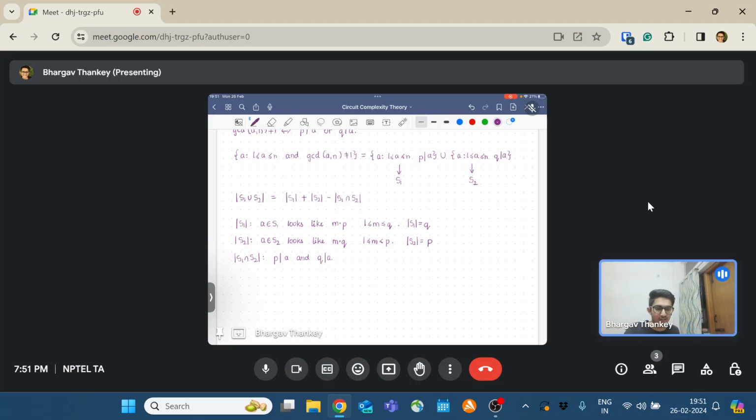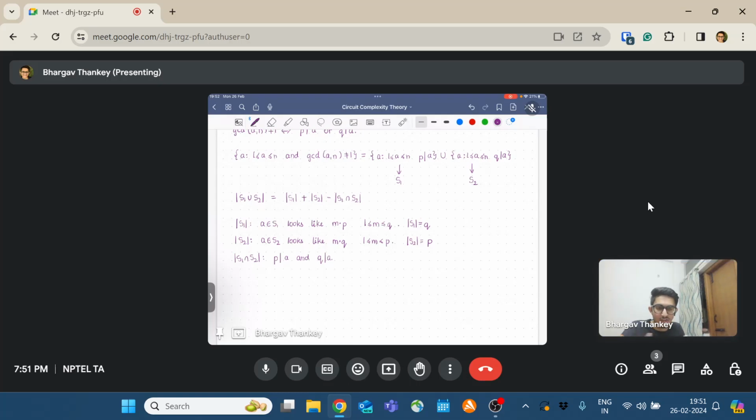P divides A and Q divides A. Both P and Q are distinct primes. So S1 intersection S2 means that A is in S1 and S2. A in S1 means P divides A, and A in S2 means Q divides A, right?